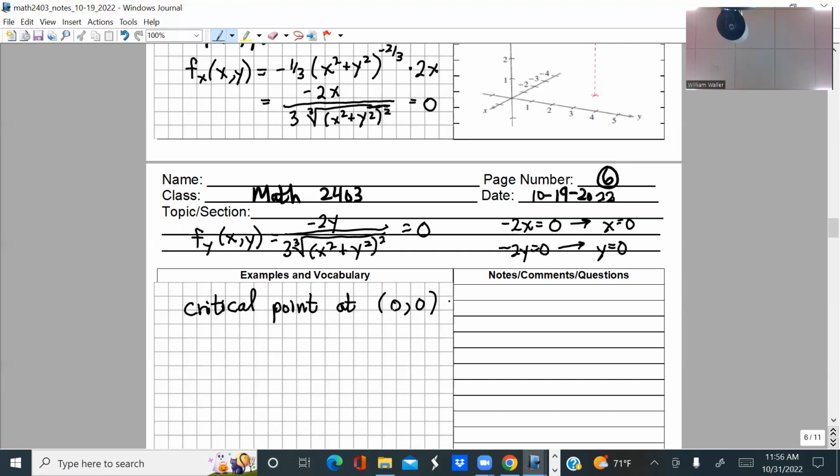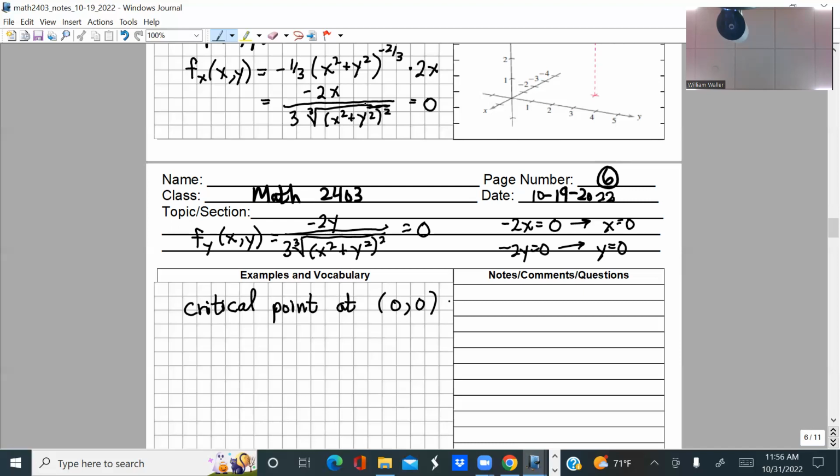But you also get a critical point when, and this is the one you mustn't forget, when one of the partials doesn't exist. When one of the partial derivatives doesn't exist. So you could see from looking at this formula that this partial derivative is not going to exist.